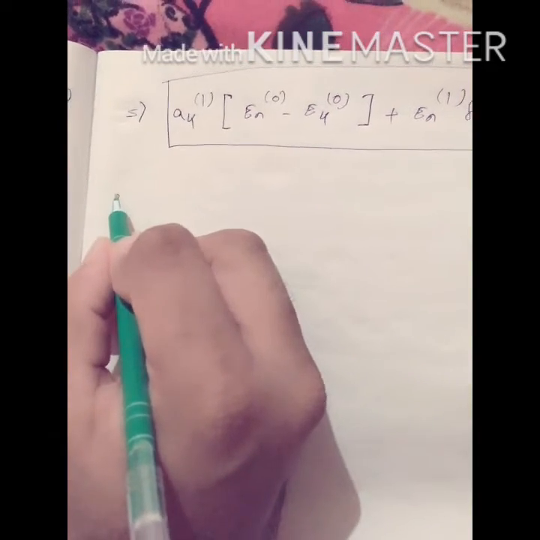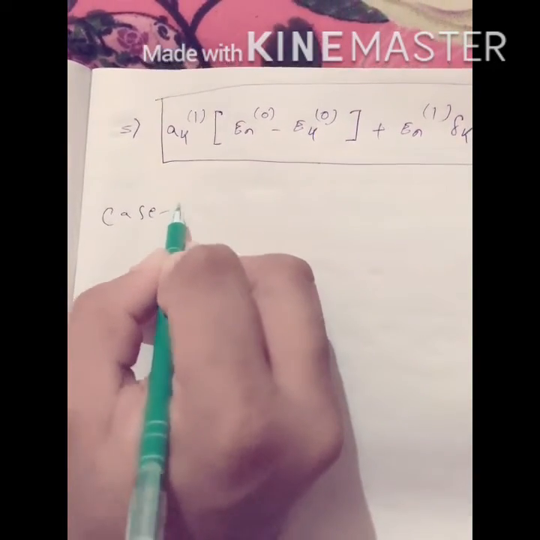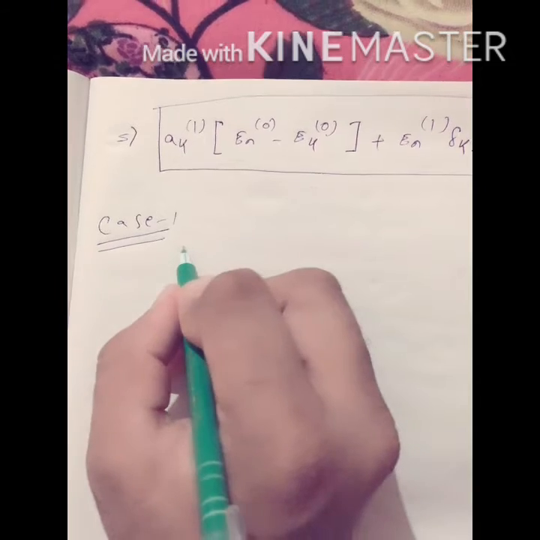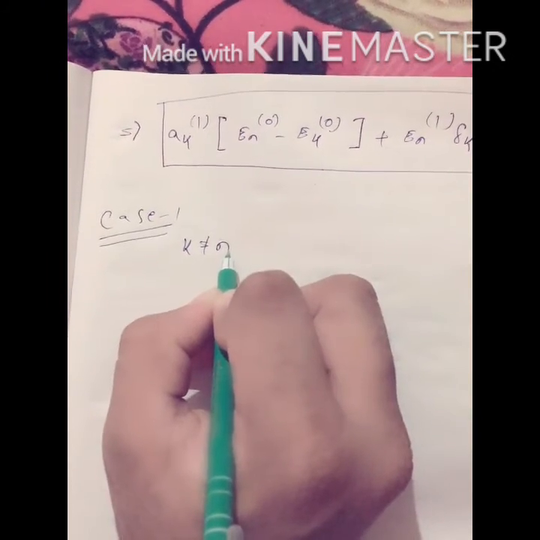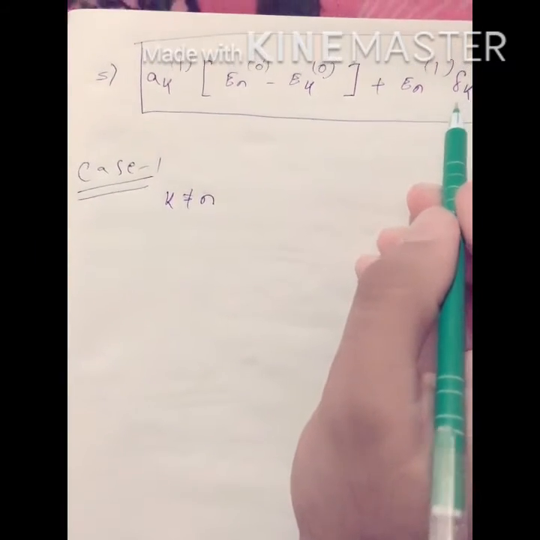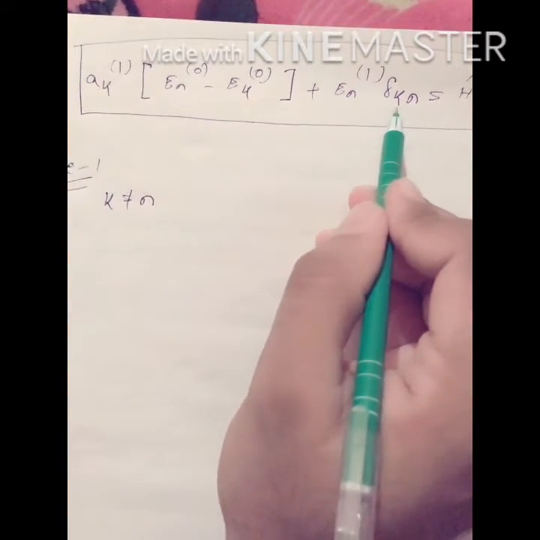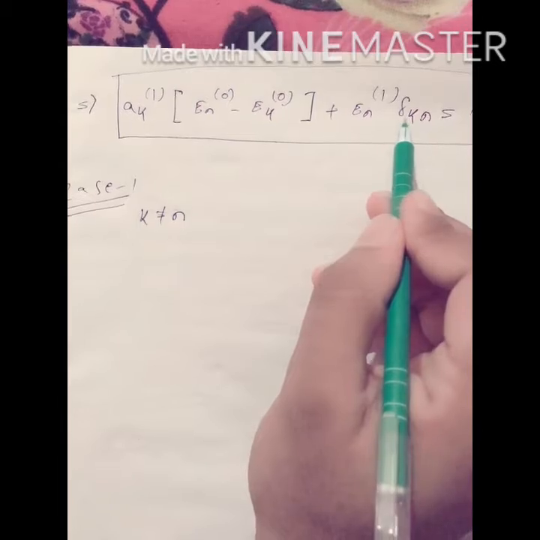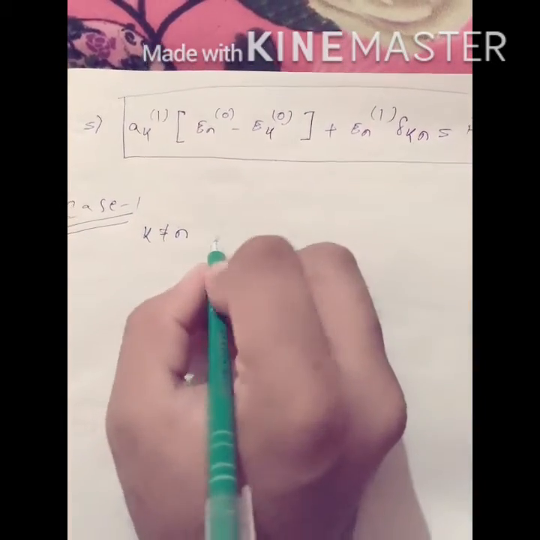Let us write case 1 and case 2. First, case 1 is k is not equal to n. When k is not equal to n, delta kn becomes 0, right?